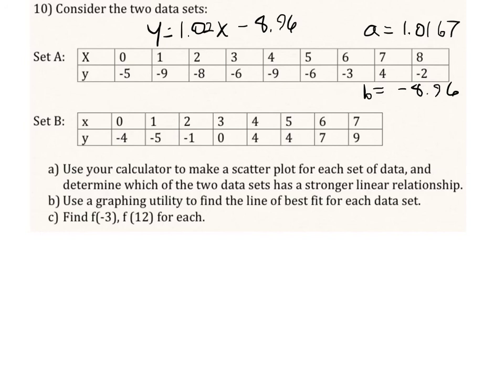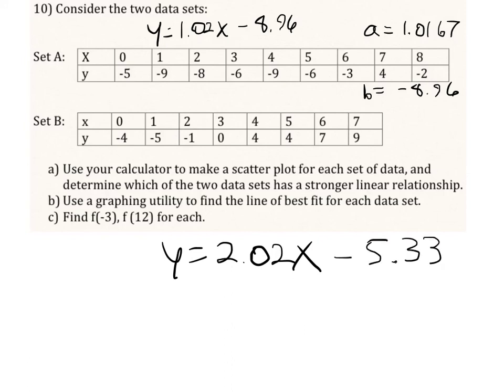So then we want to do the same exact thing for the other data set. Okay, so for me, after all that, I get y equals 2.02x minus 5.33.